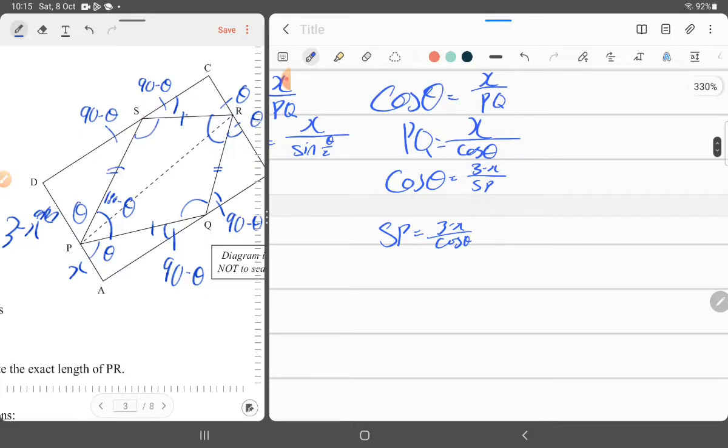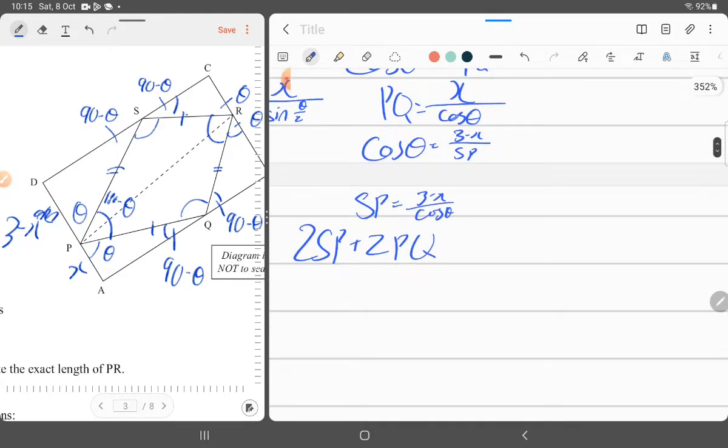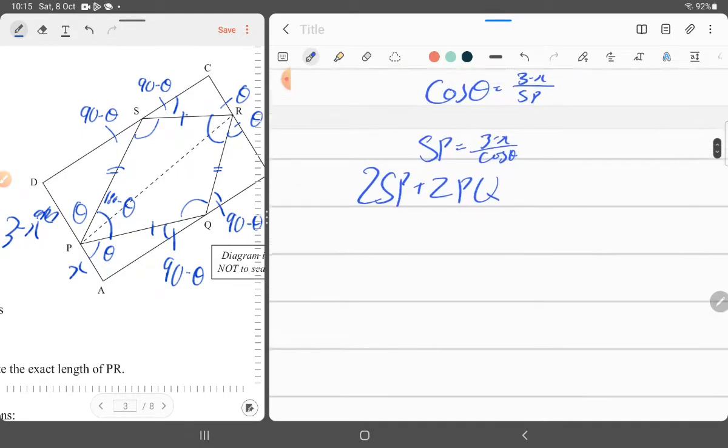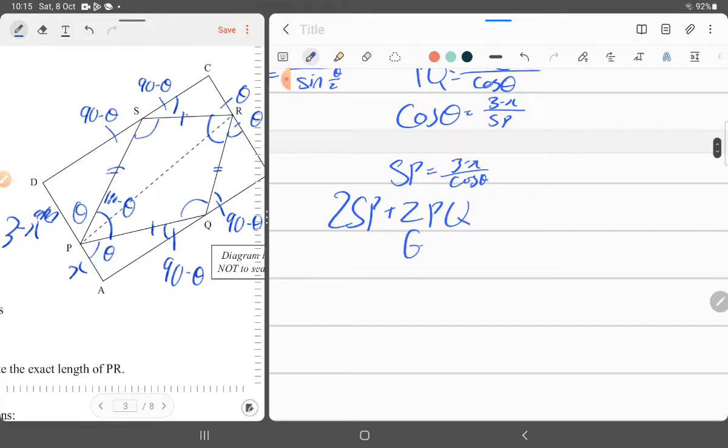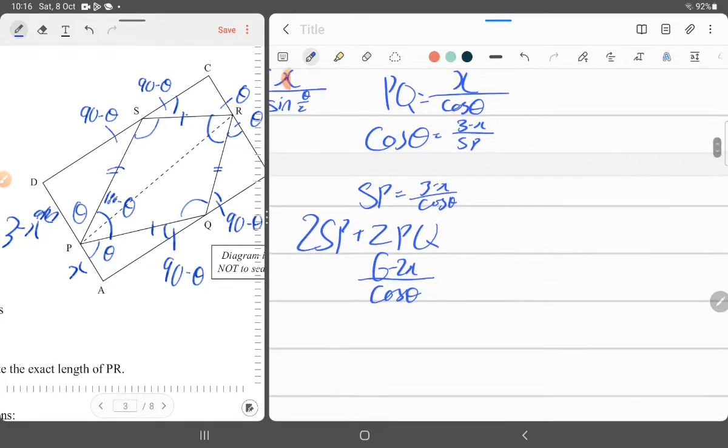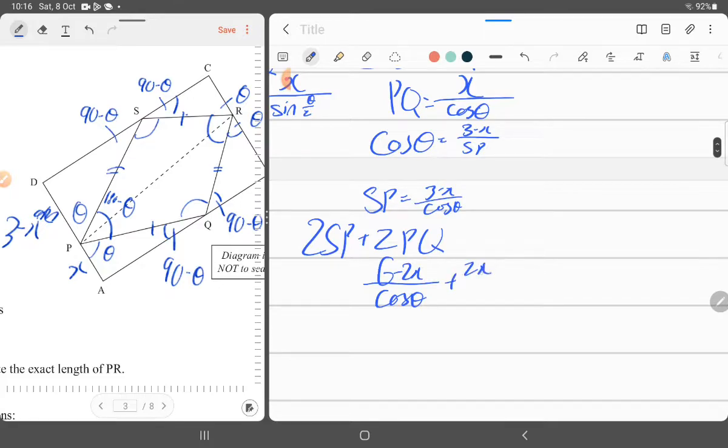So perimeter is equal to 2SP plus 2PQ. So 6 minus 2x over cosine theta plus 2x over cosine theta is equal to perimeter.